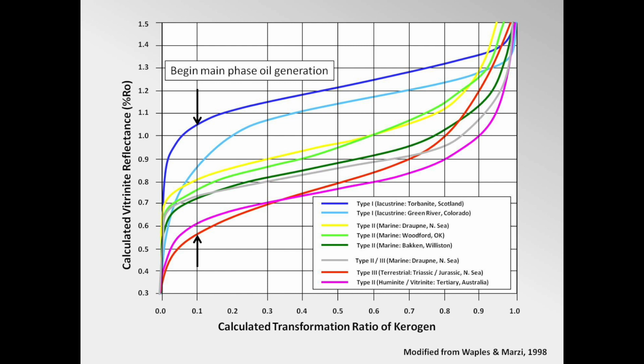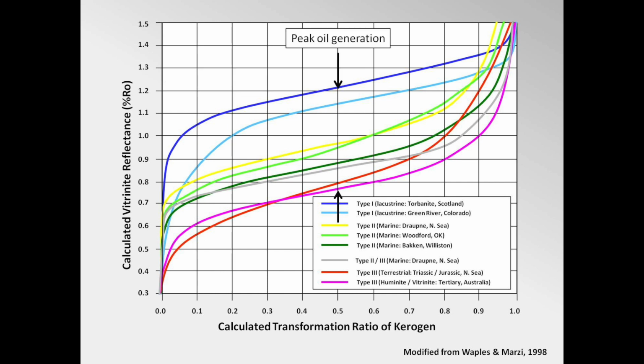That is indicated by the two black arrows and shows that the beginning of significant oil generation in this example could be as early as a vitrinite reflectance value of 0.55 or as late as a vitrinite reflectance value of 1.05. That's quite a range for the beginning of oil generation.